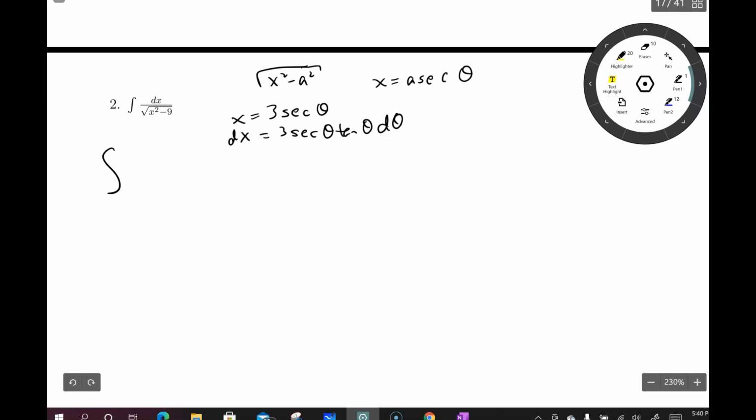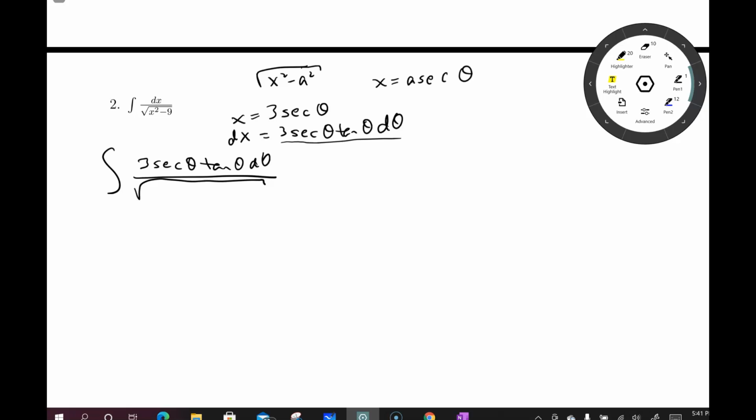So on the numerator, I have all of this. And in the denominator, inside the radical, I'm expecting something to make the radical go away. So x being squared gives me 9 secant squared theta minus 9.